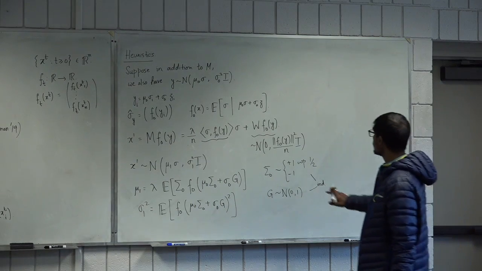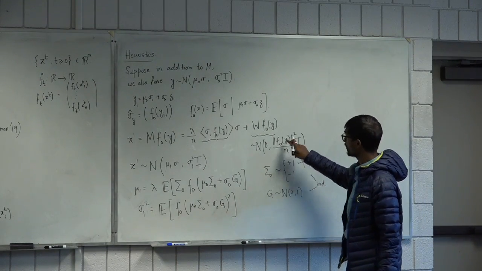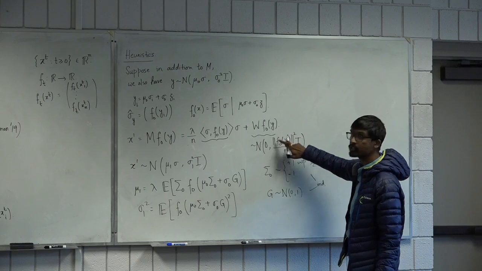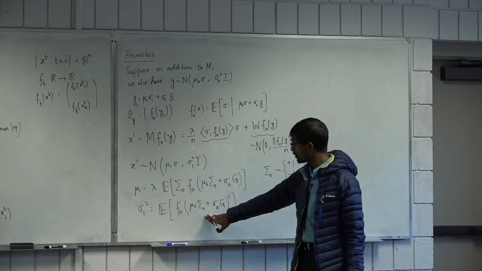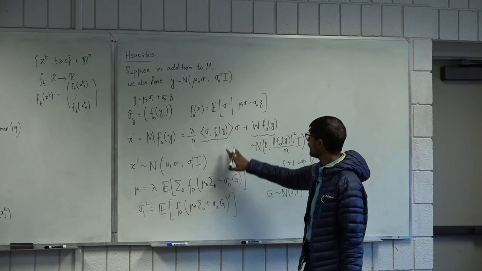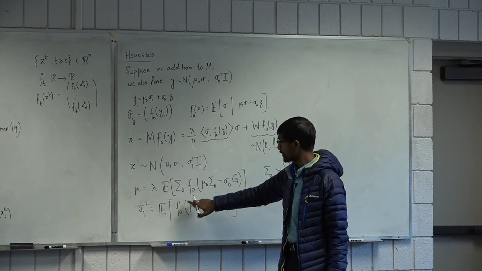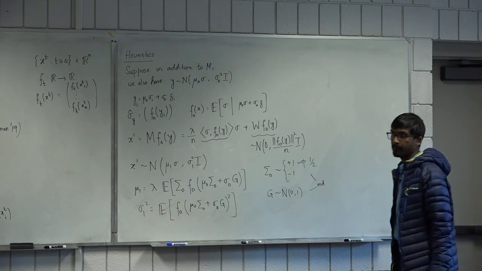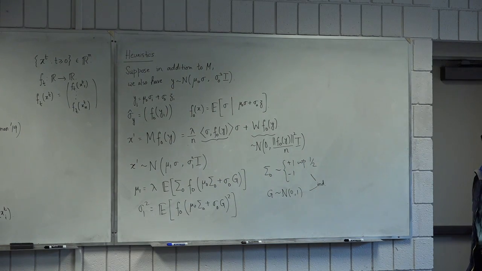Okay, and this is essentially coming exactly from this description, right? This variance is an average, which will essentially converge to this particular constant. And then the mean here will essentially converge to mu1. Okay, any questions so far?